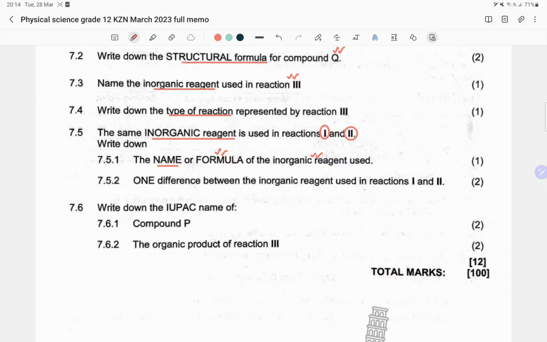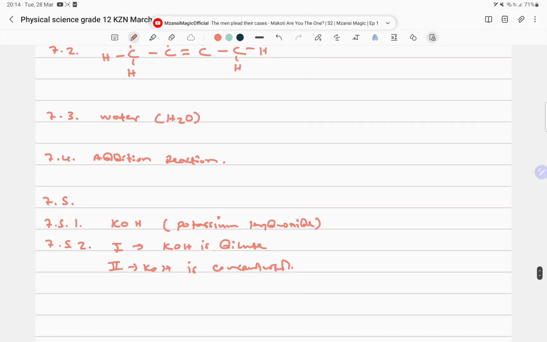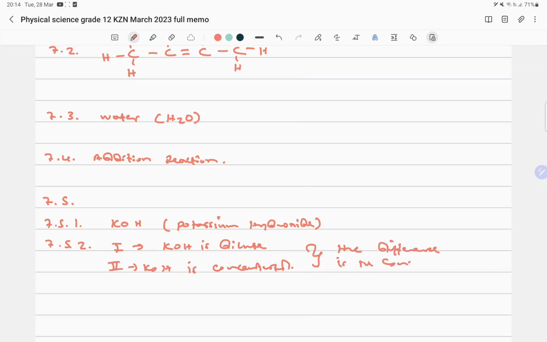When they say one difference, but they're saying 2 marks at the same time. One difference. So the essence of this question is to say the only difference is the concentration. So the difference is the concentration of KOH. We can say the base.